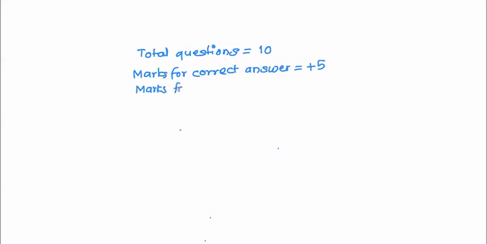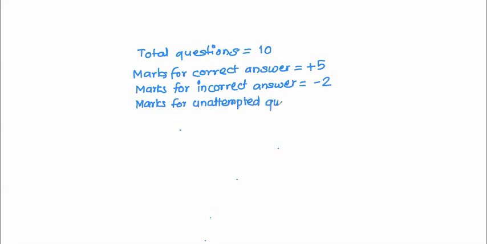Marks for incorrect answer is minus 2, and marks for unattempted question is equal to 0.